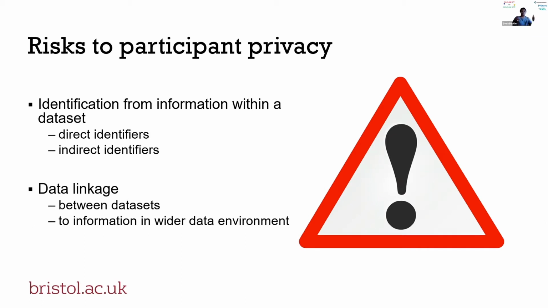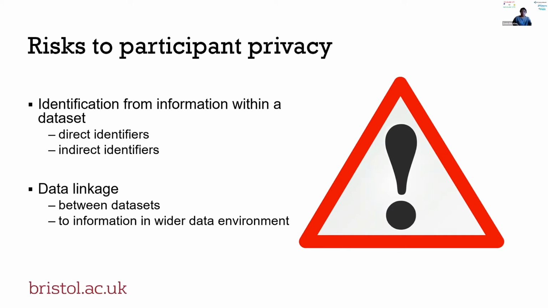So you can see that between two ostensibly separate data sets, there's potential for identifying people. And even if there aren't two separate data sets, there could just generally be other information in the wider data environment that could be used to identify participants.